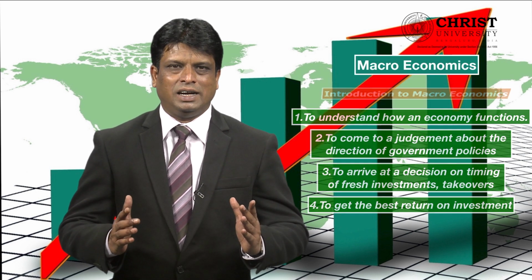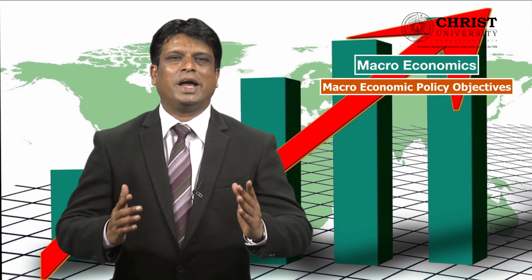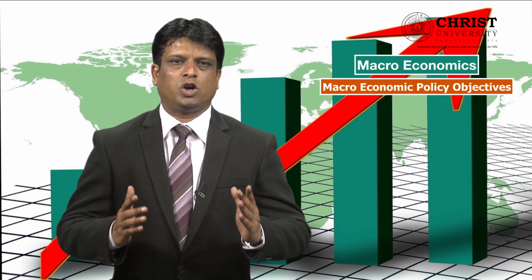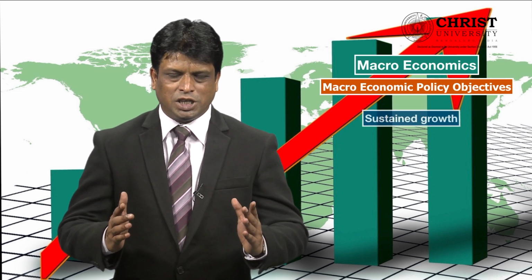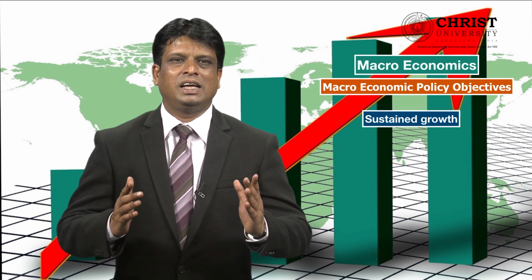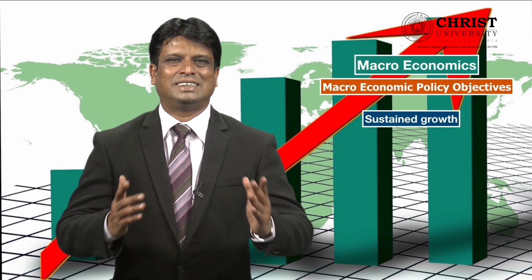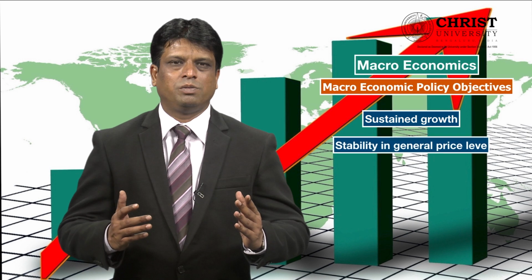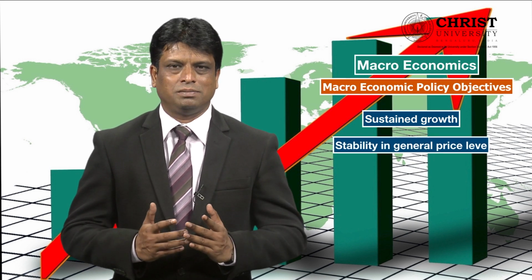Once we understand the introduction to macroeconomics, now let us go to the objectives of macroeconomic policies. The objectives of macroeconomic policies are twofold. The first objective is achieving sustained growth in the production of goods and services in the economy, and the second objective is maintaining stability in the general price level.